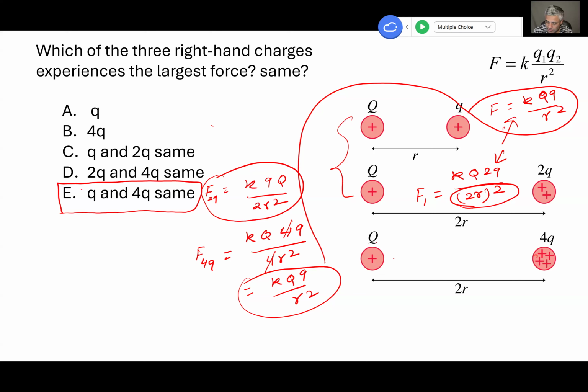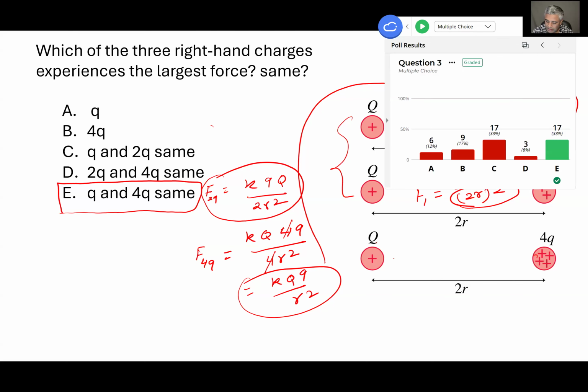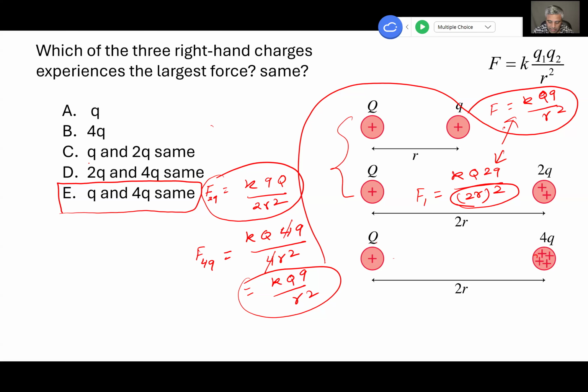So there were quite a few C as well. So what happened here? Q and 2Q are the same. So again, probably you forgot to double the distance, r squared, right? So 2r squared means 4r squared.